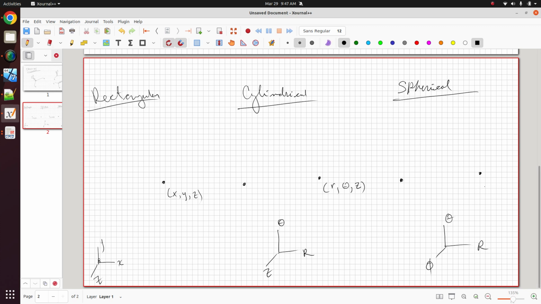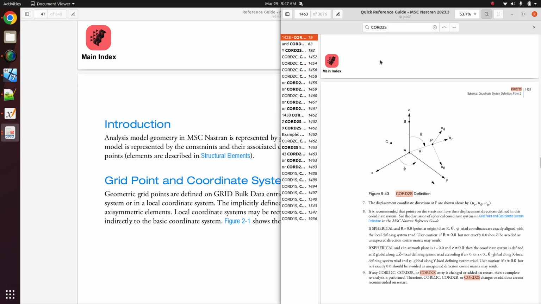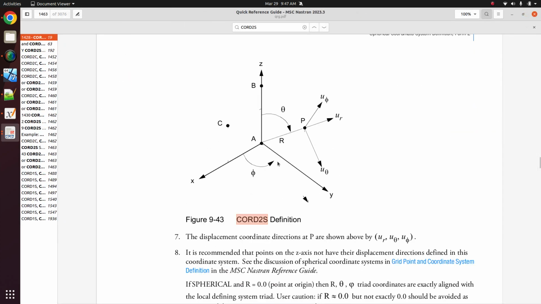Now, be very careful when it comes to the spherical coordinate system, because depending on who you speak to, they will have a different definition or a different order for these components. So if we look in the quick reference guide here, we see that the order is a radius, a theta, and a phi.